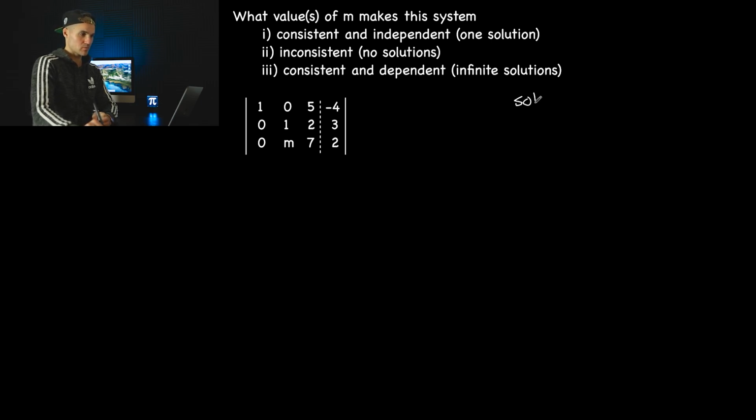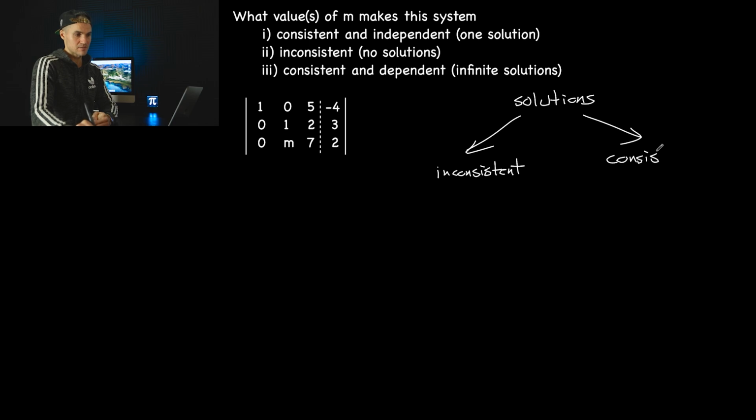And just as a quick review, if you remember, the solutions can be basically in two categories, right? So they could be either inconsistent, which means that there's going to be no solutions, or they could be consistent. And then if they're consistent, if there is a solution, well, there can be two different kinds of solutions, right?